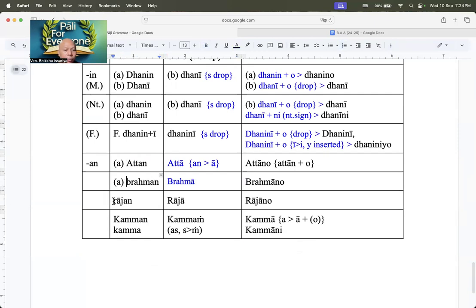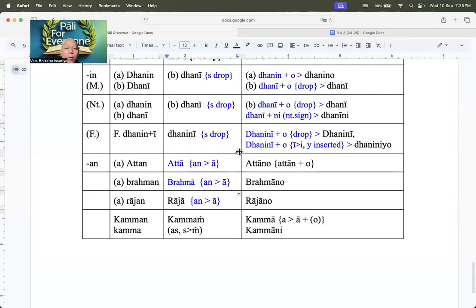Rajan also Eastern. So from the Eastern, Rajan, Raja, by changing N to R. Here also N changes to R. In this way, Rajan, Raja, it can be understood.